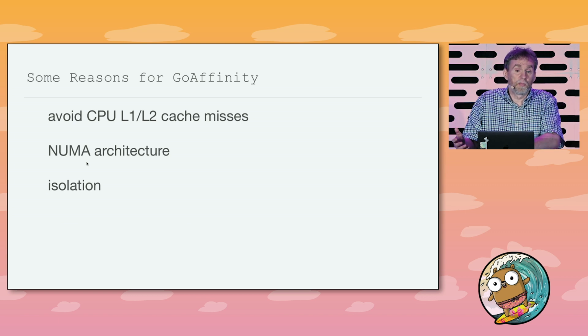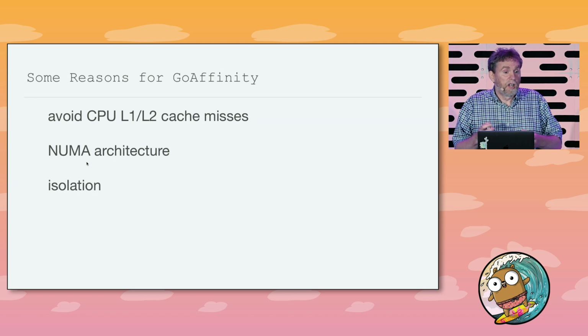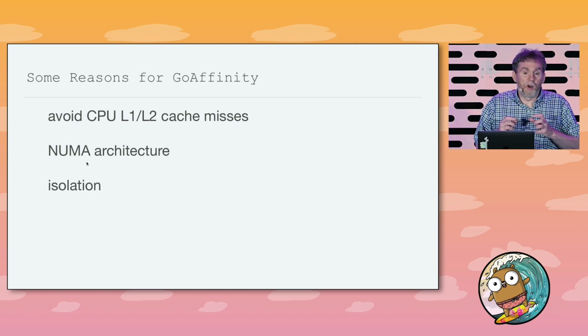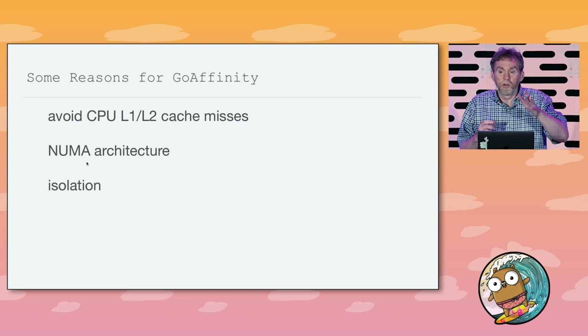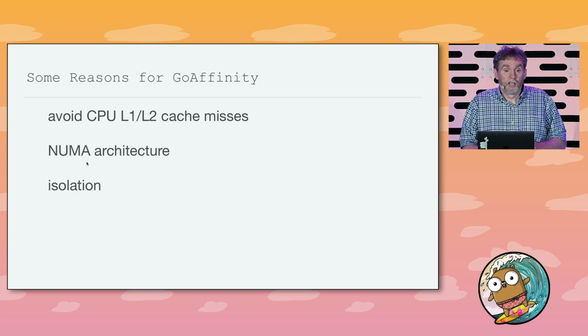So if you put memory next to the core, then you can get it faster, and your program will run faster. So why would it be good to have all the green gophers working together on one CPU? Think of the books as something you want to store in nearby cache. We'll be able to keep it there. The Go routine won't wander over to some other CPU and have to drag the books with it. The books will be right there in the cache.